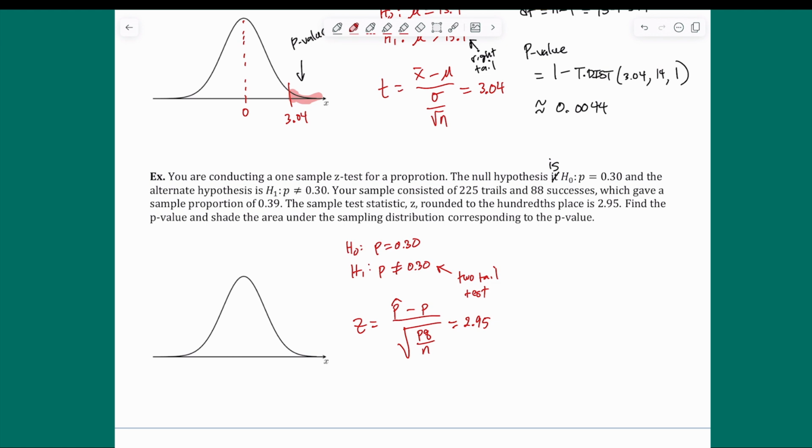Okay, and so since it's a two-tailed test, that means our test statistic of 2.95 is somewhere right here. Okay, but then the corresponding other one is over here, which would be the negative of that, and half the p-value is to the right of it, and the other half is over there on the other end. Okay, so that's half the p-value. Half the p-value on both sides.